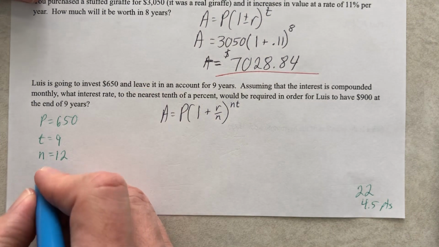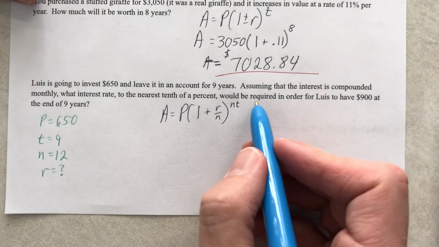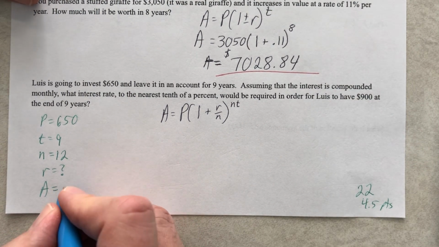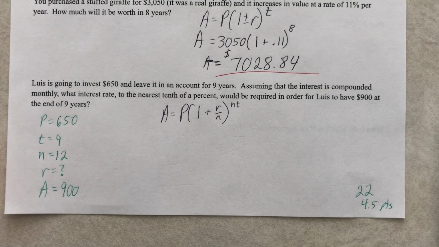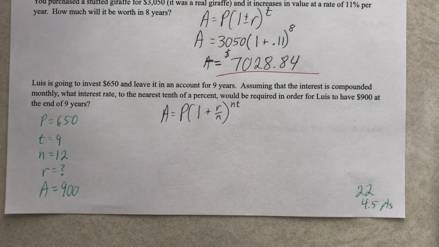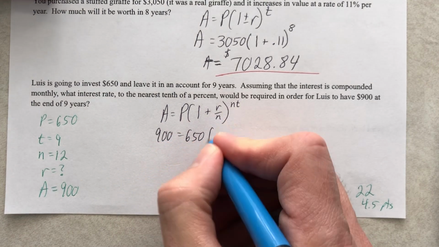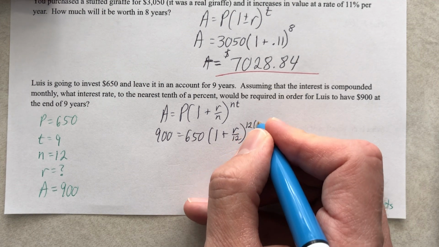What interest rate? They're asking because they don't know. I want Luis to have an amount, A, of 900. We don't know R. You don't have to list all that. It just helped me organize my thoughts. So now 900 equals 650, 1 plus R over 12 to the 12 times 9.